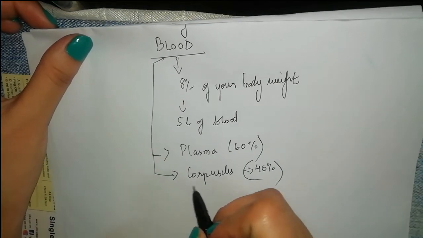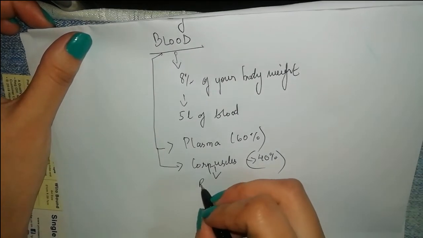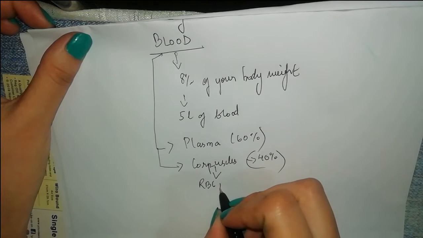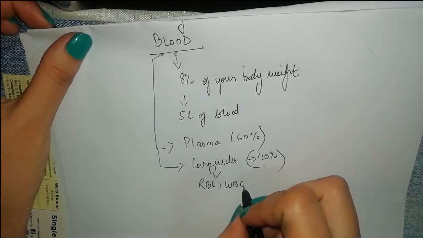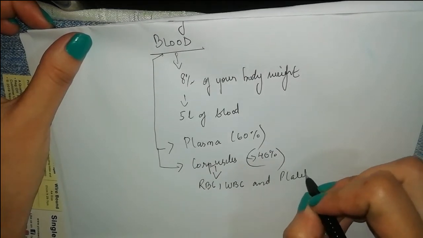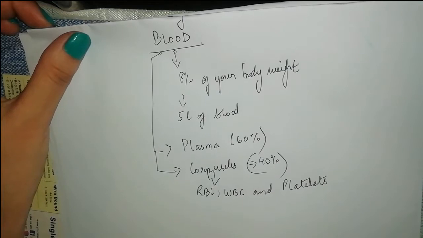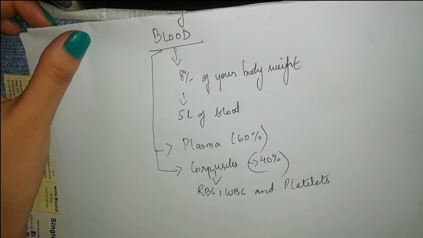And these blood cells have 3 types, right? You have your RBC, which we call red blood cells. You have your WBC, which you can term white blood cells, and you also have platelets. I think in your class 6, class 7, you have already studied about RBC, WBC, and platelets, right?